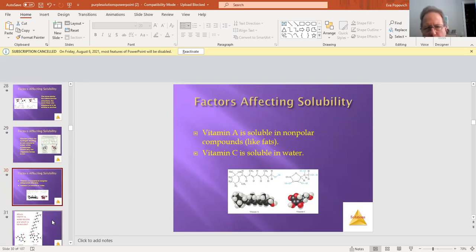For those of you that are going into the medical field, you have something called fat-soluble vitamins and water-soluble vitamins. Now, when you are looking at a chemical structure, the more carbon and hydrogens that structure has, the more chance you have of it being nonpolar.